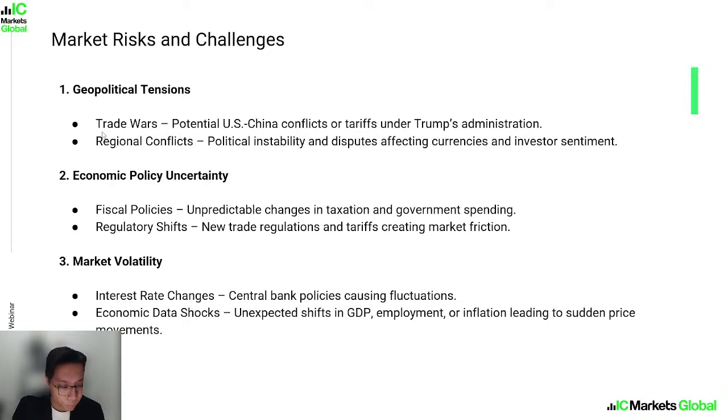So yeah, try to read through the IC Markets fundamental analysis articles, if you have the time. It's daily. You can read through the articles or even do your own research on what news might cause the markets to be very volatile, and then you focus on those news.